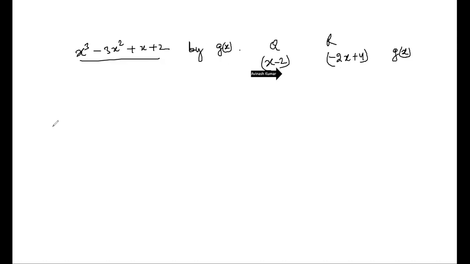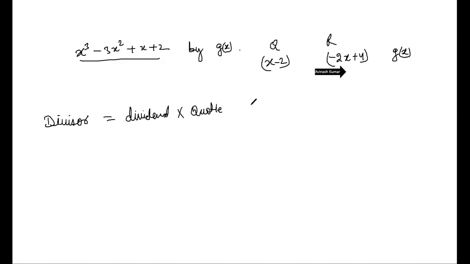I have told you here, dividend is equals to divisor times quotient plus remainder. So just fill the values here.